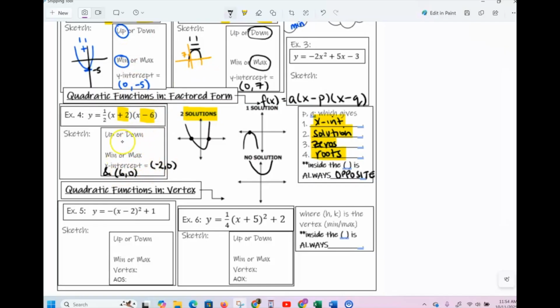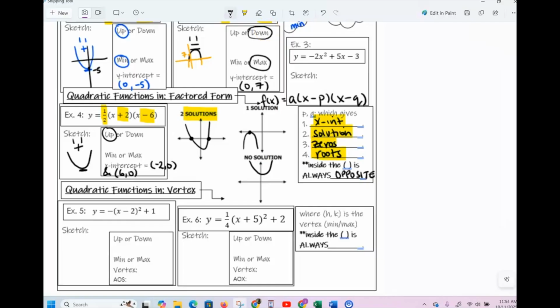Okay, now that I know that, again, from every form, if A is positive, you're happy. If A is negative, you're unhappy. So in this case, looking at this part right here, all right, A is positive, so I am a happy person, right? Okay, which means that it's opening up.